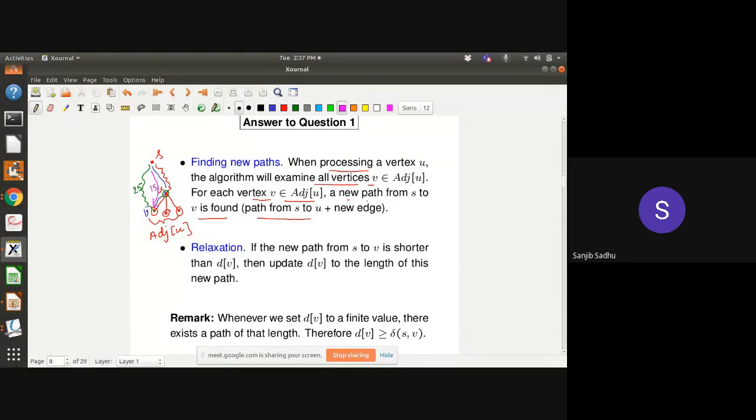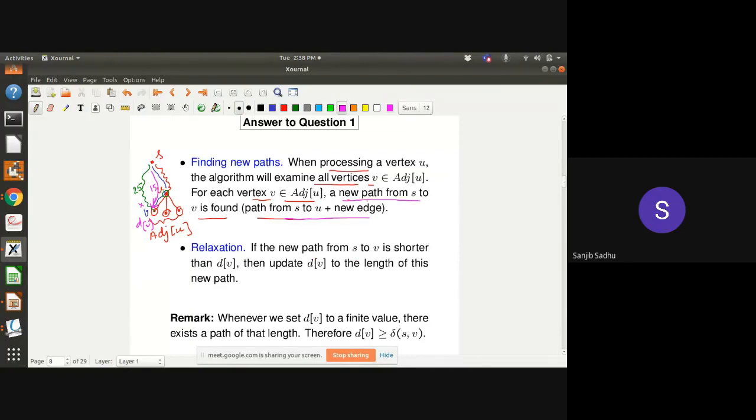Then automatically I will reject the old path and update it. Update means dV, the distance of vertex V from S, is 15, not 25. I will take this. So a new path from S to V is found: the path from S to U plus the new edge.